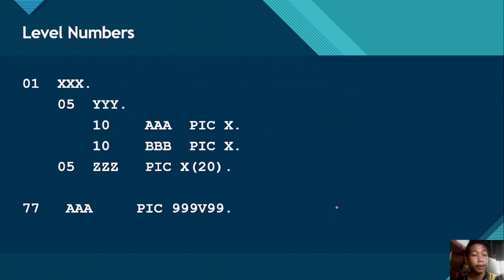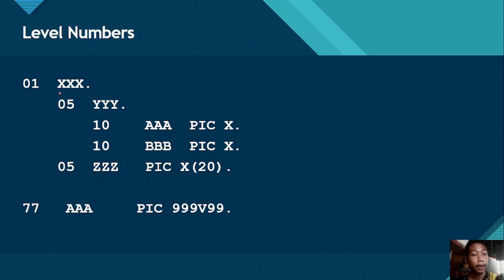So here 01 triple X, 05 triple Y, 10 triple A pick X, 10 triple B pick X, then 05 triple Z pick X parenthesis 20.